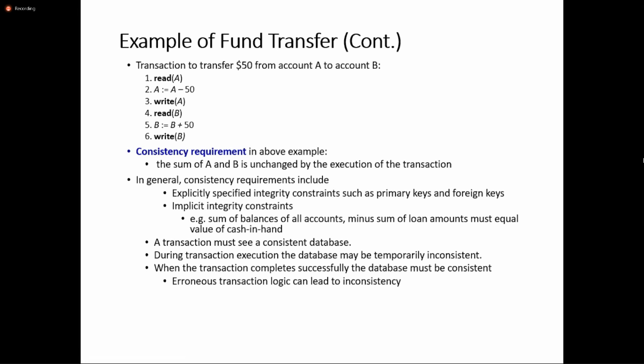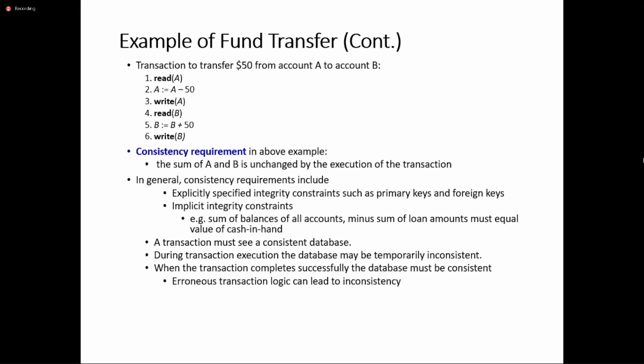Okay, if this transaction fails, then you get the previous state. Meaning if you withdraw the $50 and it is unsuccessful, then A has the previous balance.